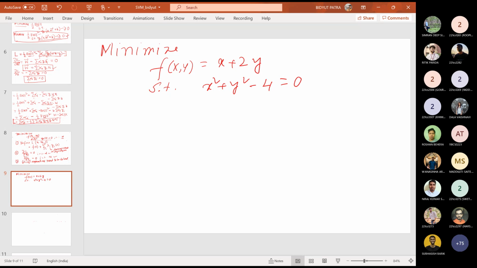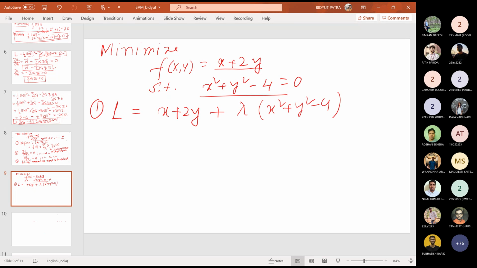So what we should do, first step is to have the Lagrangian L. Then L is f(x) and then this constraint, right? So x plus 2y plus, there is only one constraint, so lambda into (x square plus y square minus 4). Okay, this is the first step.